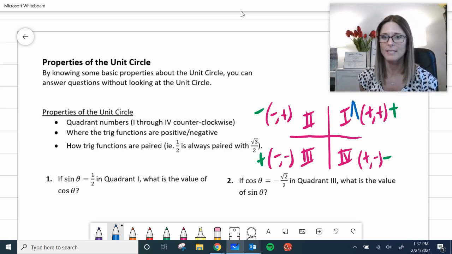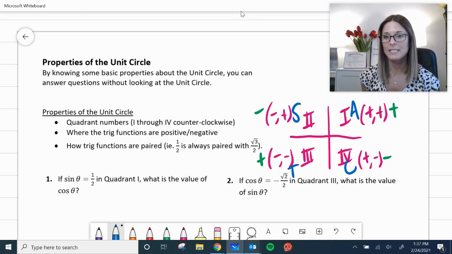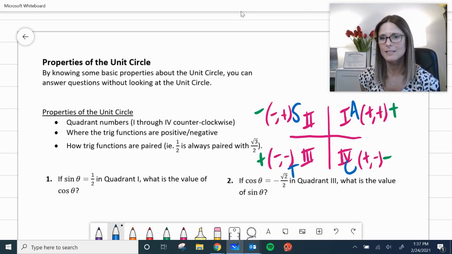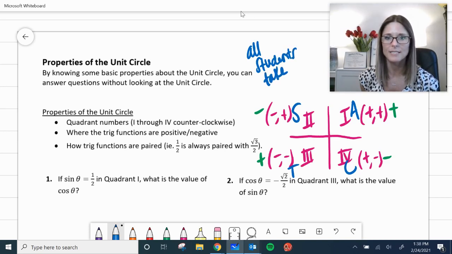I'm going to call this ASTC. So ASTC, some classes, teachers, tutors, they would say this is all students take classes. Let me write this. All students take classes, just as an acronym to help us remember ASTC.